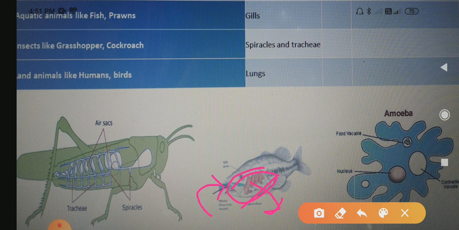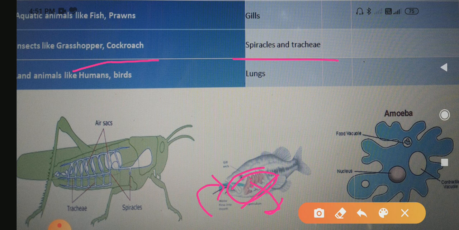During this process, the oxygen which comes in contact with the gills is absorbed into the gills, and then the rest of the water comes out from the gills. The water goes in from the mouth and comes out from the gills, and the oxygen is taken from that water. Now next are insects like the grasshopper and cockroach, which respire through the spiracles and trachea.